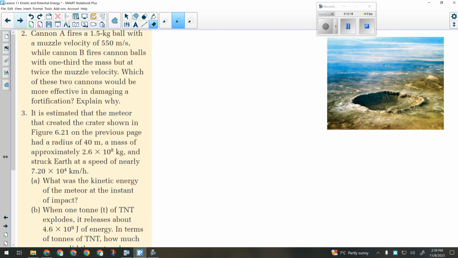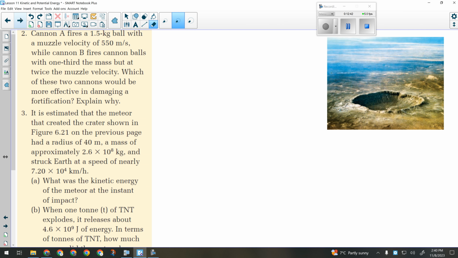Think about this cannon question. The first cannon fires a 1.5 kilogram cannonball at 550 meters per second. A second cannon fires cannonballs with 1/3 the mass, but double the muzzle velocity.